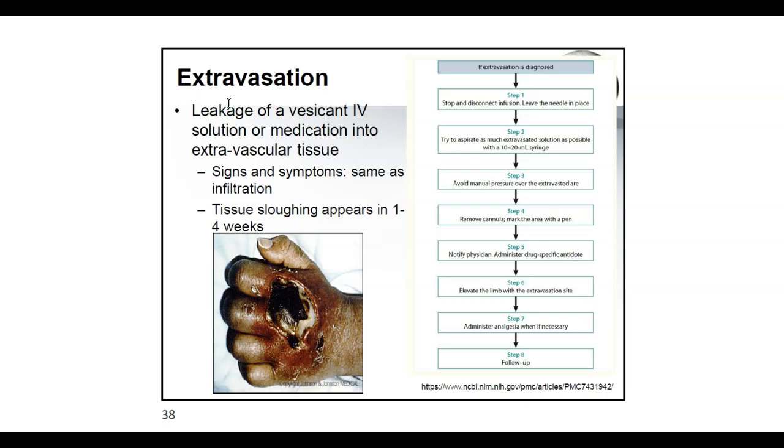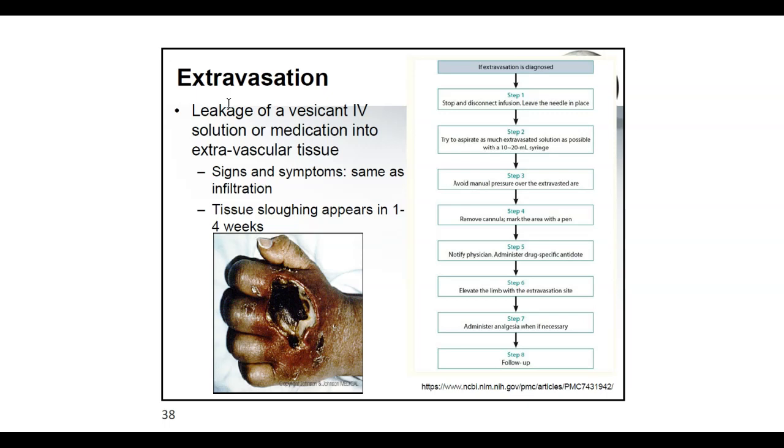So it's similar to an infiltrate, except it's a more severe version, and it's secondary to medications that are caustic or very vesicant. So they're vesicant solution, and this is when that solution goes in the surrounding areas, and it causes that tissue to break down.